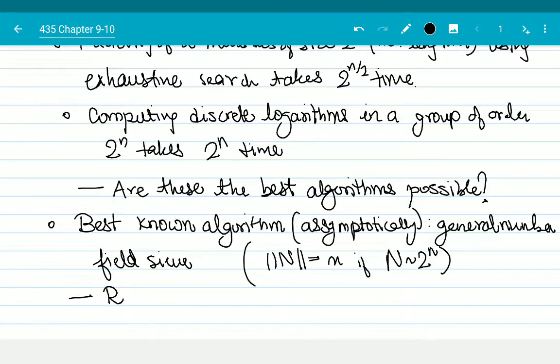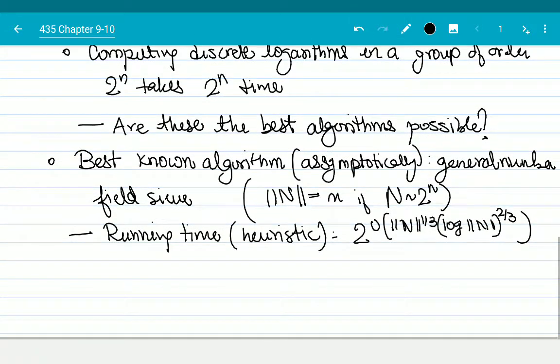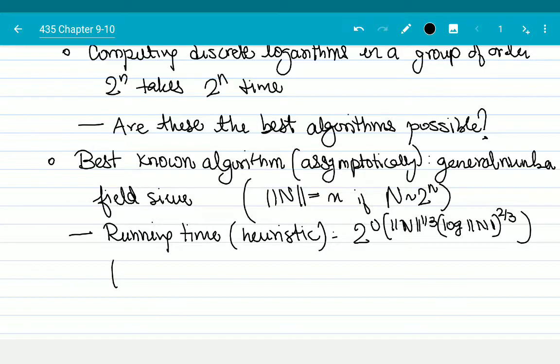The running time heuristic is around 2 to the order of n to the 1/3 times log of n to the 2/3. And this is sub-exponential in n.